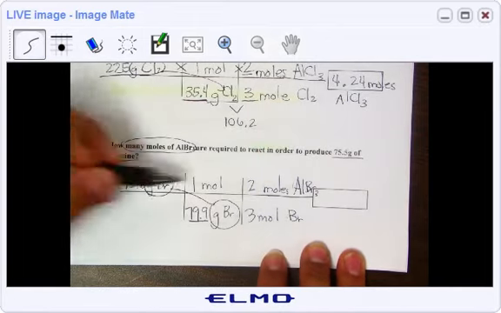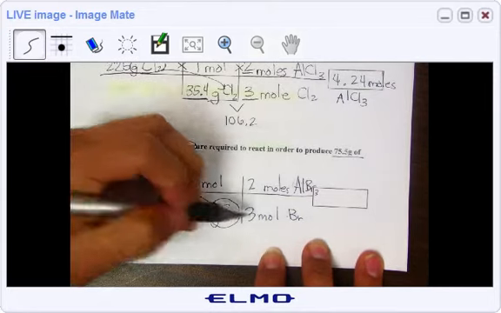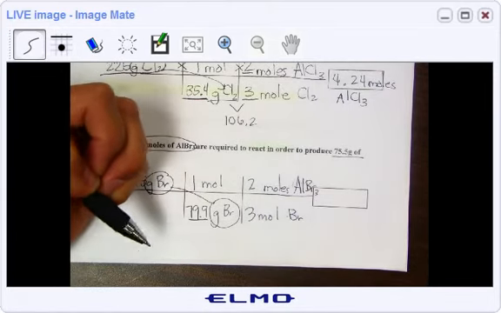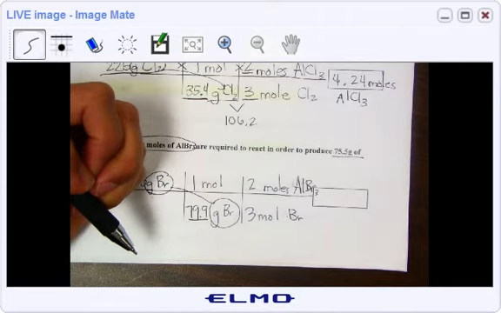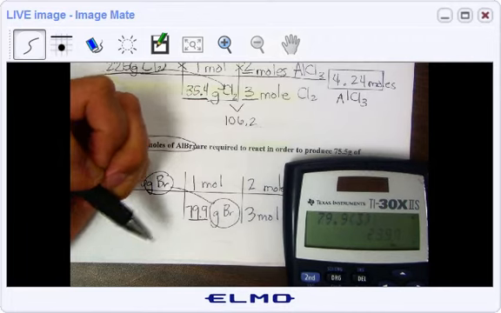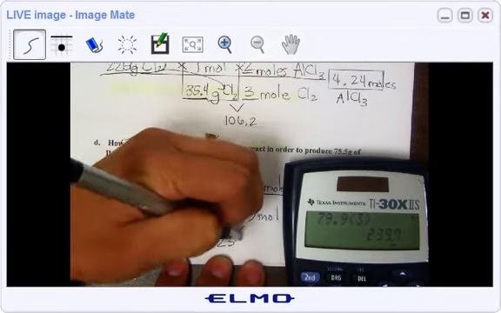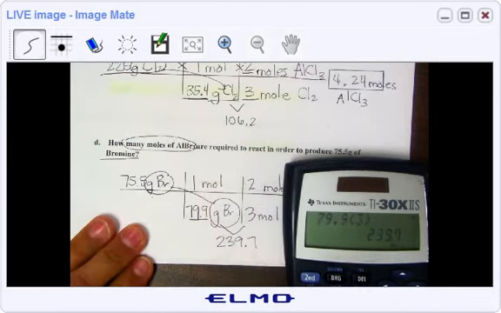I'm going to multiply the top and divide it by the bottom. I personally like to multiply these just so I can divide it by one number. 79.9 times 3. These two multiplied are 239.7.